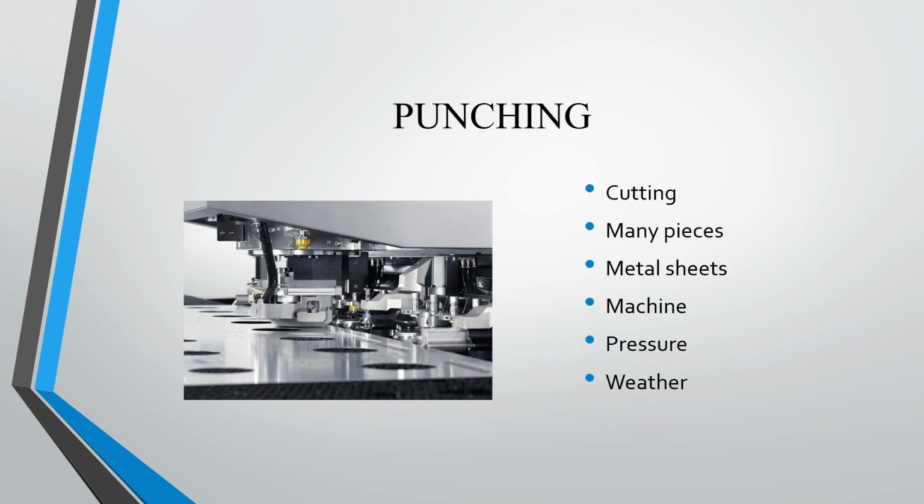Punching. Punching is about cutting. It is similar to cutting, but in this case, the cuts are with a specific shape, with a specific form, and this type of machine is created to produce many pieces of metal sheets. So the machine generates pressure to cut the piece with the form.